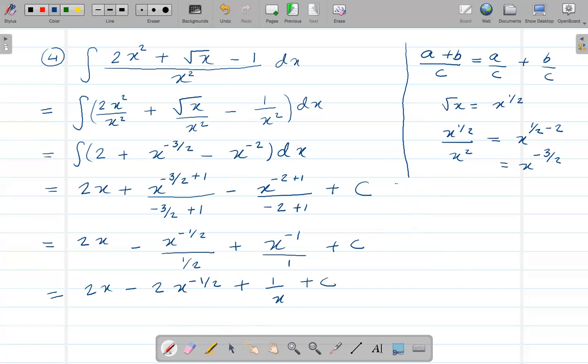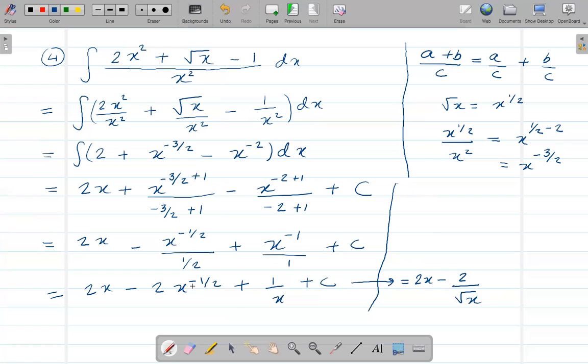After this, it looks like I can move this to the bottom as well, just like I did here. But this will be positive, so it will be a square root on the bottom. So from here, we get 2x minus 2 over the square root of x.